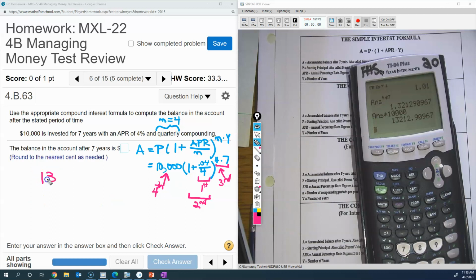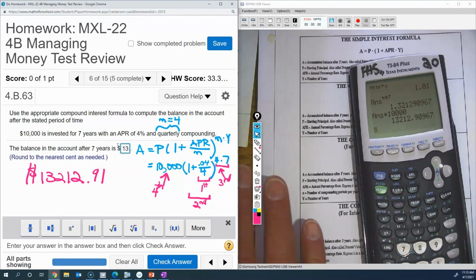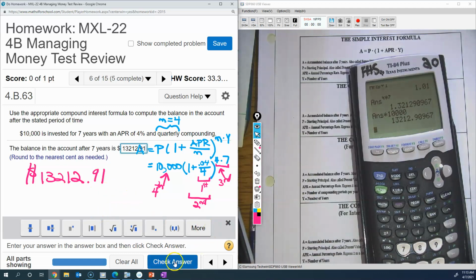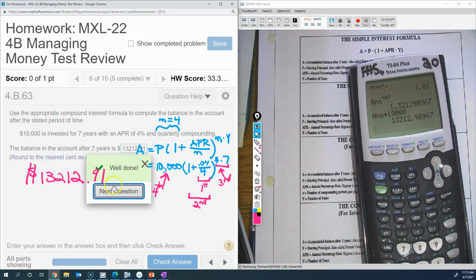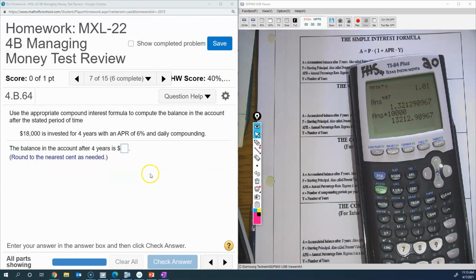1, 3, 2, 1, 2, 9, 1. Okay, use the appropriate formula.